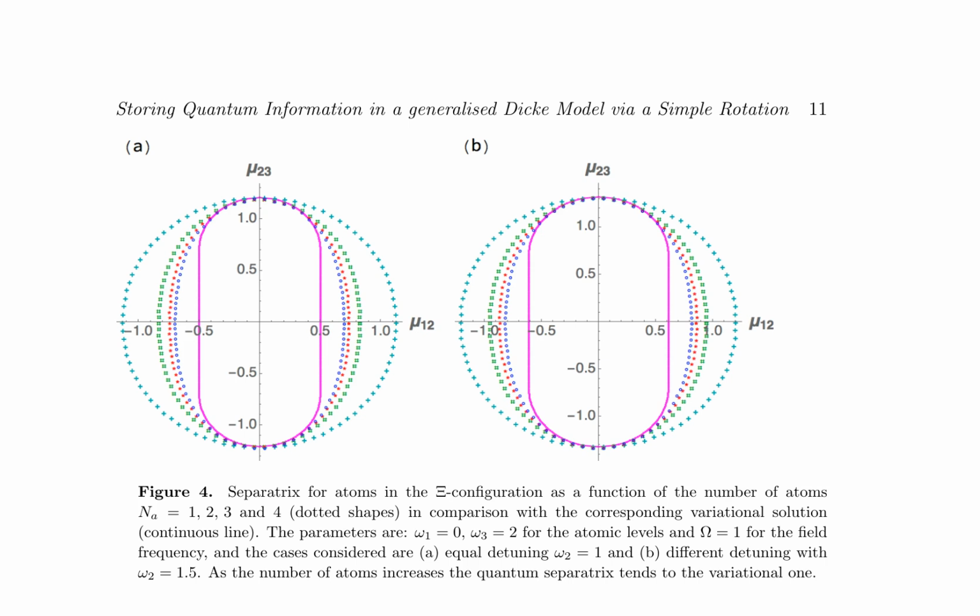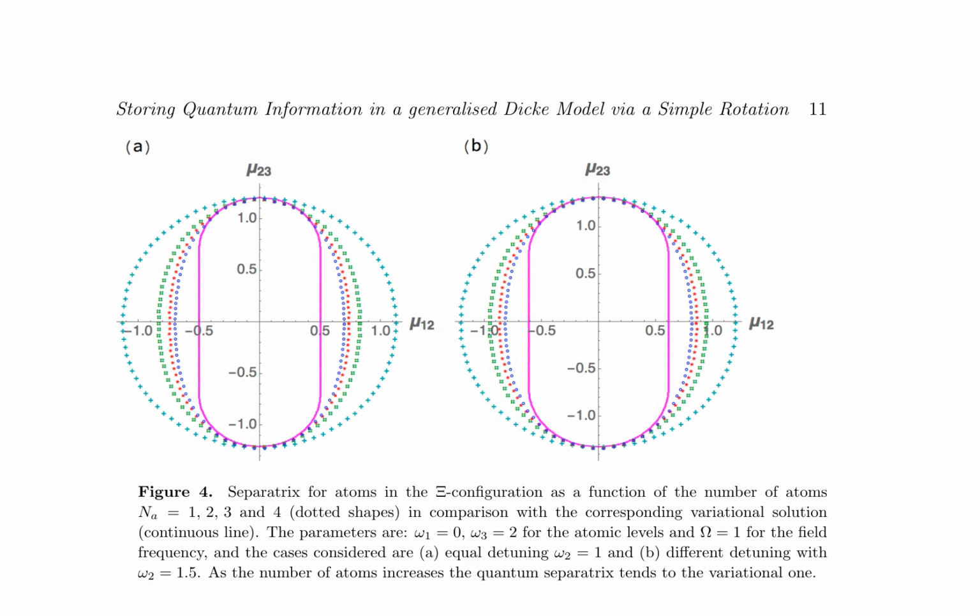The authors examine the storage of quantum information in a generalized Dicke model via a simple rotation. In the Xi configuration, the separatrix for atoms is presented in Figure 4 as a function of the number of atoms, Na, comparing the quantum separatrix with the corresponding variational solution.